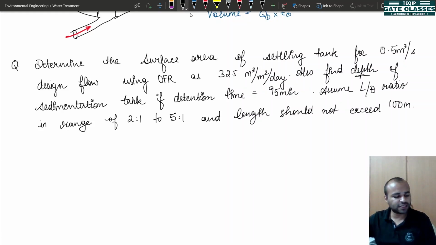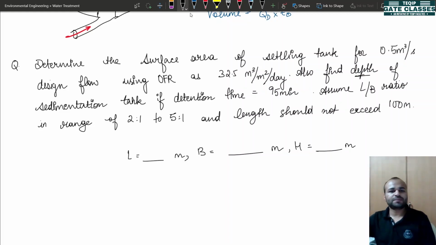Put the answer in the comment section below in this form: firstly, write the length value in meters, then the breadth value in meters, then the height or depth value in meters. Quite a simple question. Try it. We'll be discussing it in the next lecture.